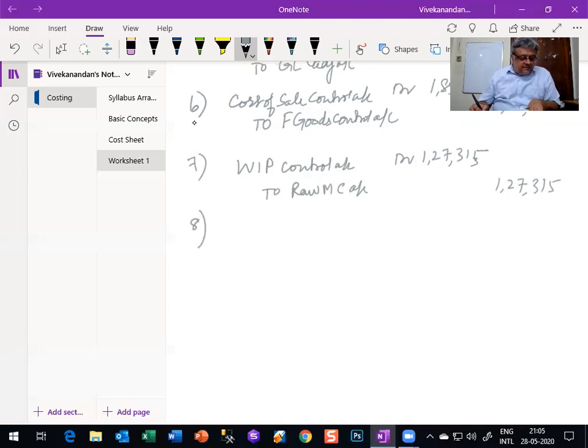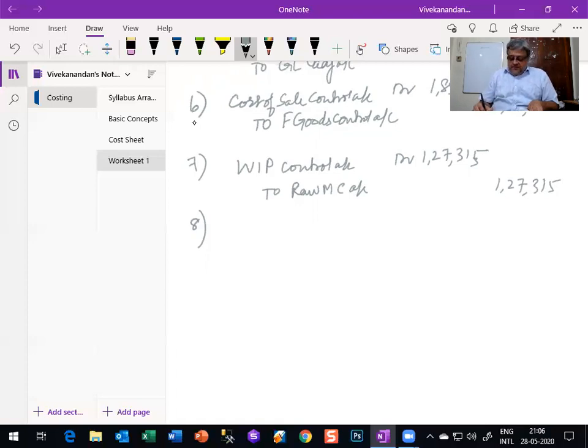Sales return at cost. You should be very careful here. What they have given is sales return at cost. You have transferred the cost of finished goods to cost of sales. Now there has been a sales return at cost, so obviously you have to reverse that entry.